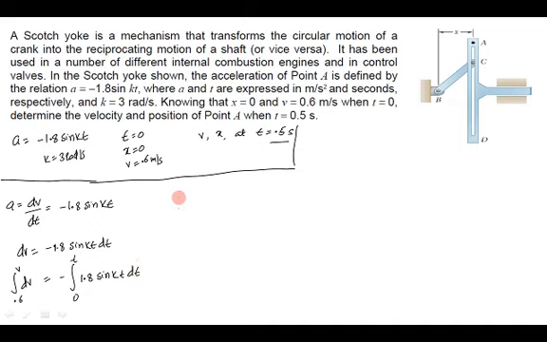So the left hand side gives us v minus 0.6 equals, the right hand side gives 1.8 cos kt by k, limits from 0 to t.